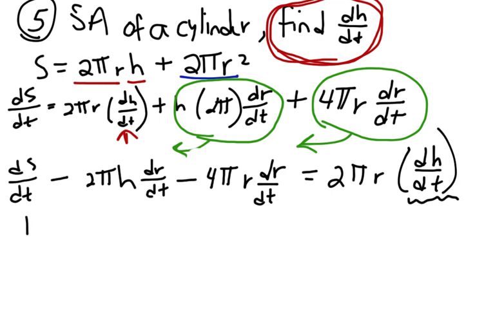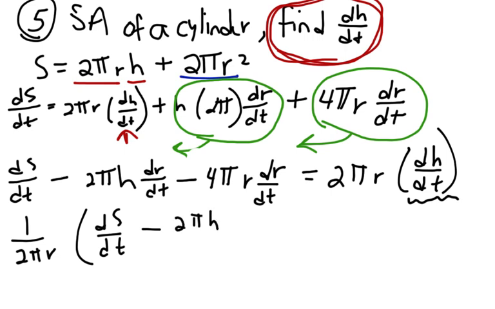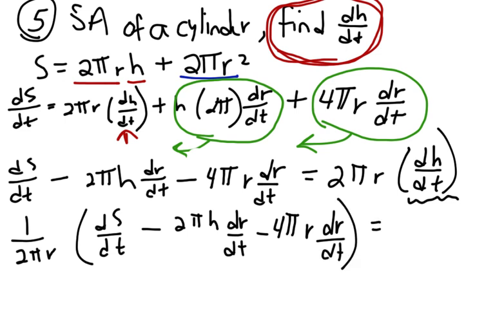So 1 over 2 pi r times ds dt minus 2 pi h dr dt minus 4 pi r dr dt equals dh dt.